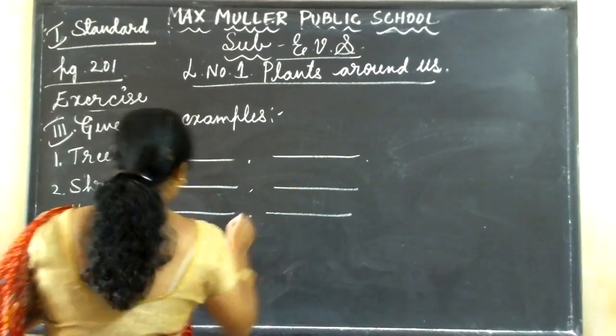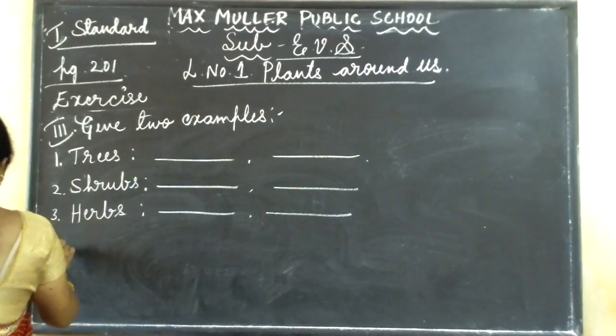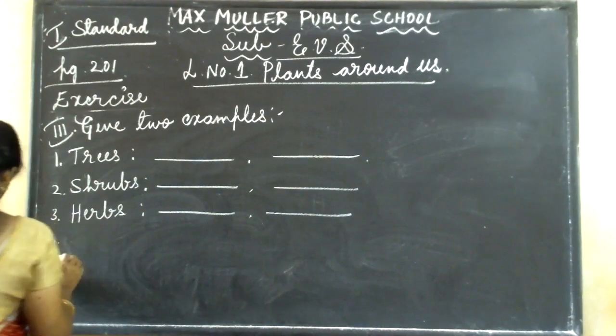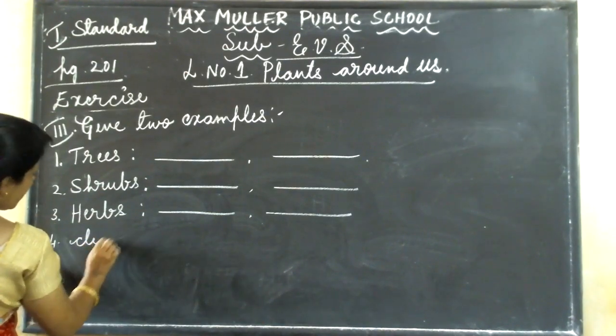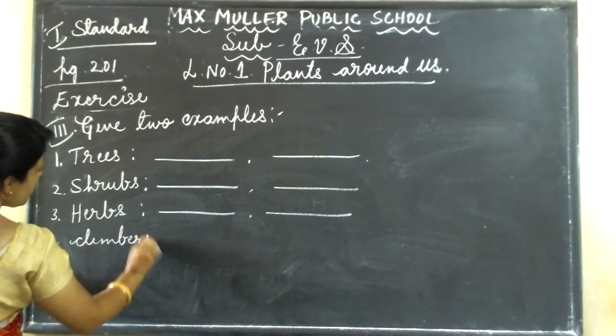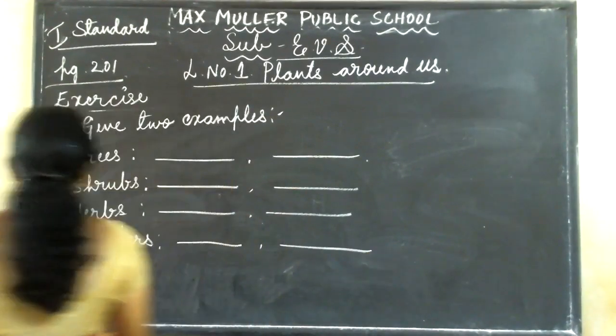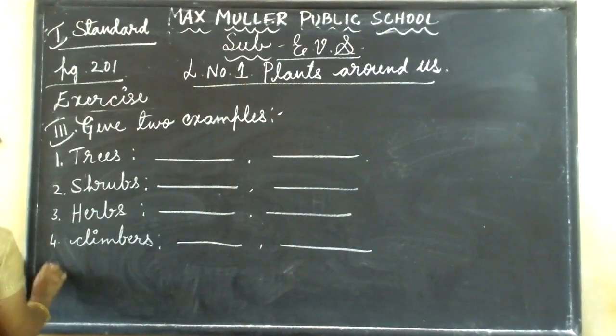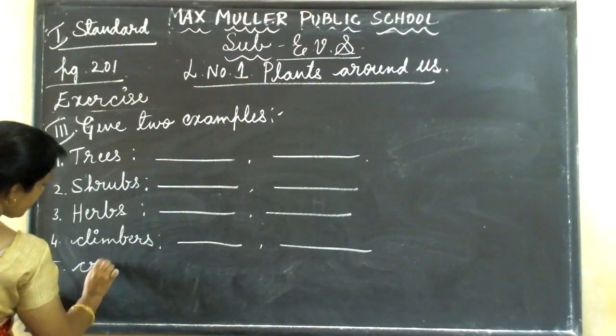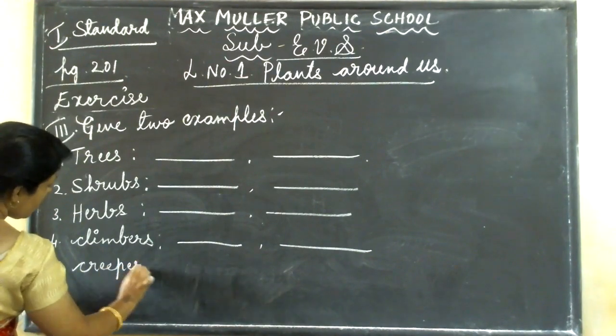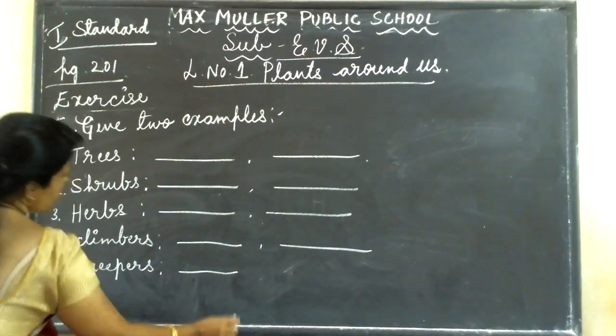Again, you have to write two examples. Fourth one, climbers. C-L-I-M-B-E-R-S. Come to the fifth one, creepers. C-R-E-E-P-E-R-S.